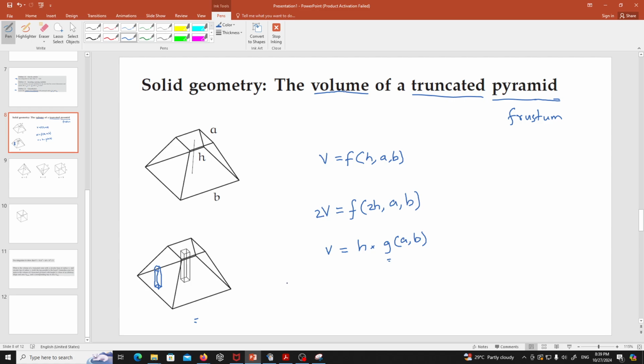Okay, fine. Now we need to identify this function. So what are the possible combinations that the variables a and b can have? So g of a comma b should have the dimension of area, because the volume is having a dimension of L cube, and here h is having a dimension of L, which means g should have a dimension of L square.